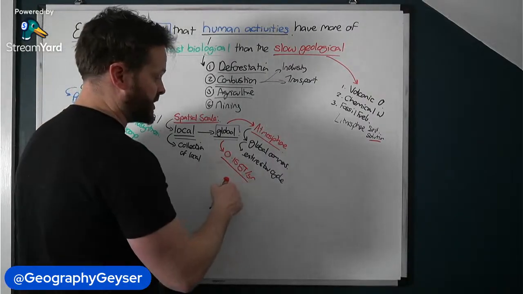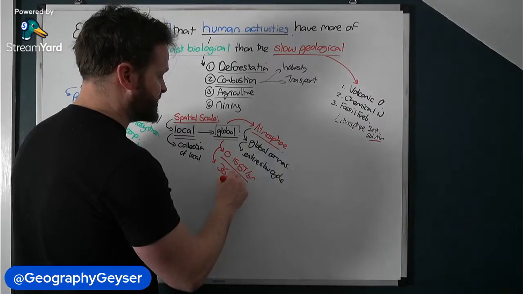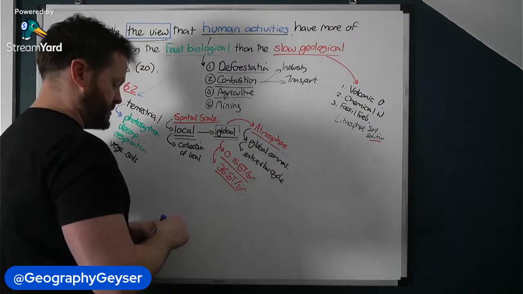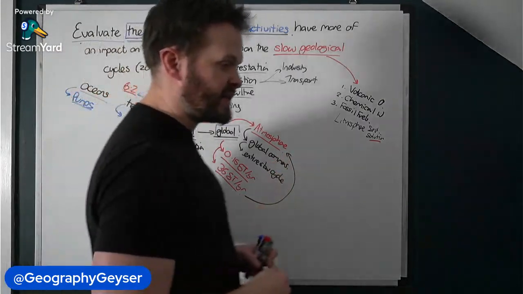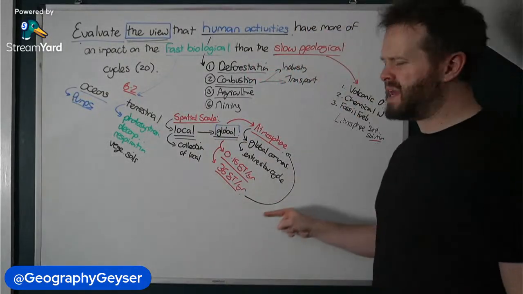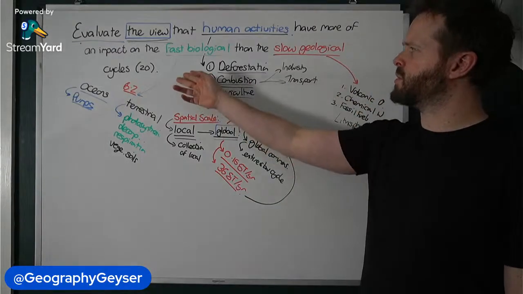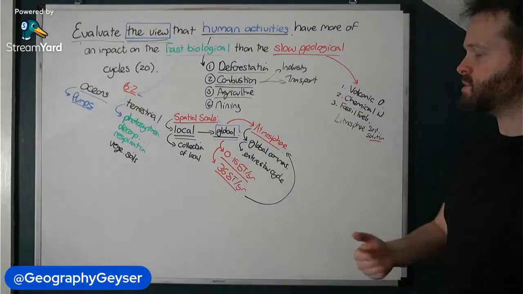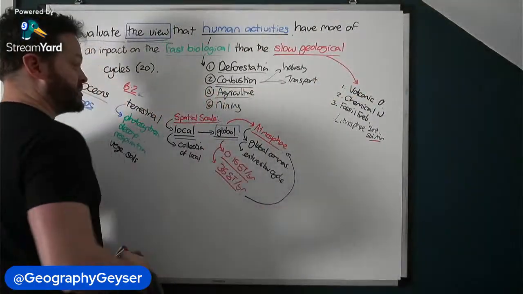That's your natural volcanic outgassing, versus around 36 gigatons of carbon per year that's then heading into the atmosphere and affecting that cycle at a global scale, no escape, maybe we would say that we are impacting the slow geological cycle more so than the fast biological cycle. Maybe. It's just one perspective. It's just one debate that we can bring in. Yeah, we're being a little bit wordy with it, but that's what the examiners want to see.